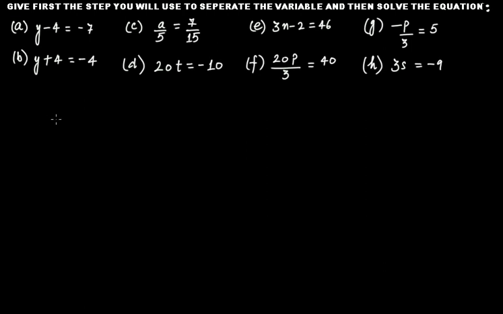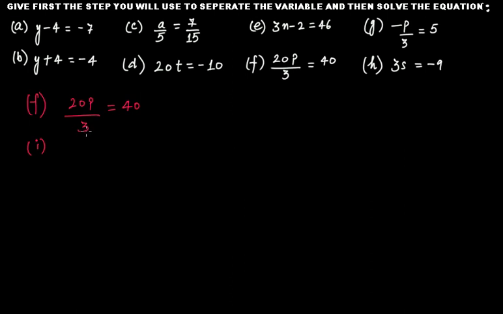Now you have this f. F is 20 times p divided by 3 equals to 40. Now, this is 20 times p divided by 3 is equal to 40. The first step that you will use is that first try to get rid of this 3, that is in division.